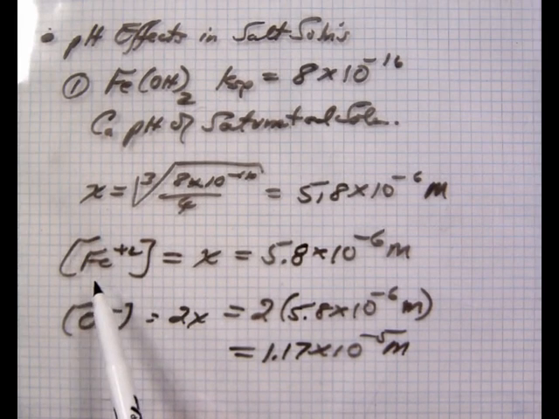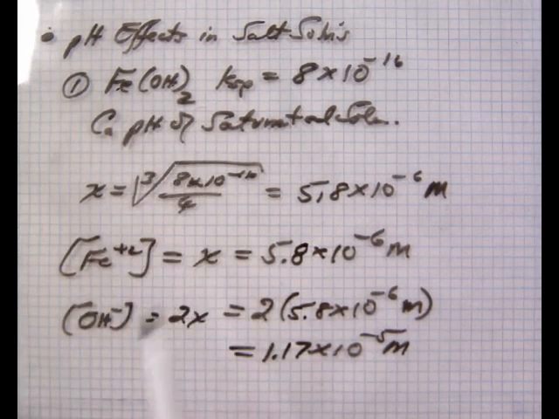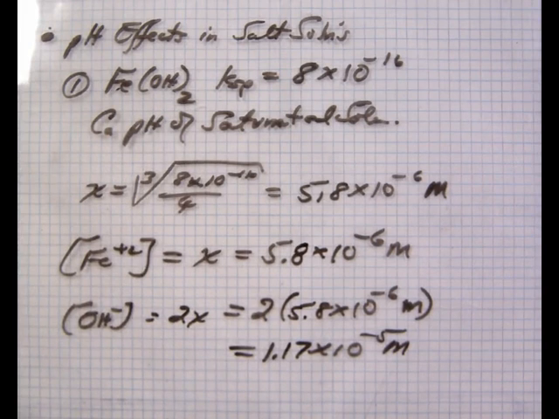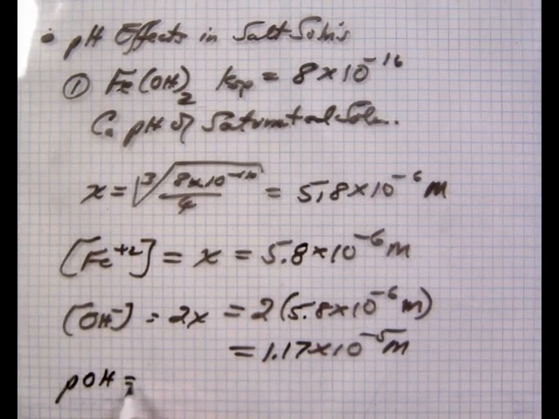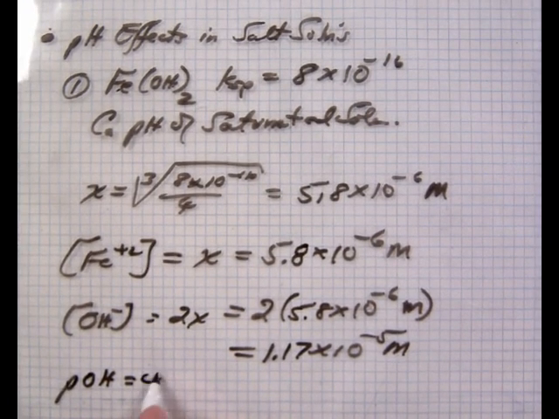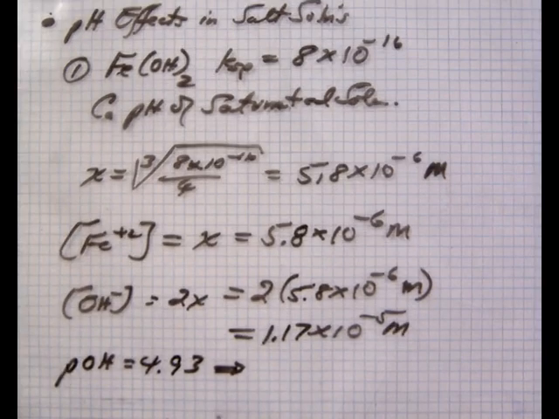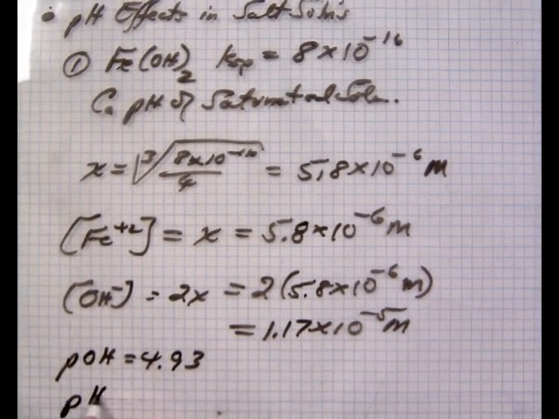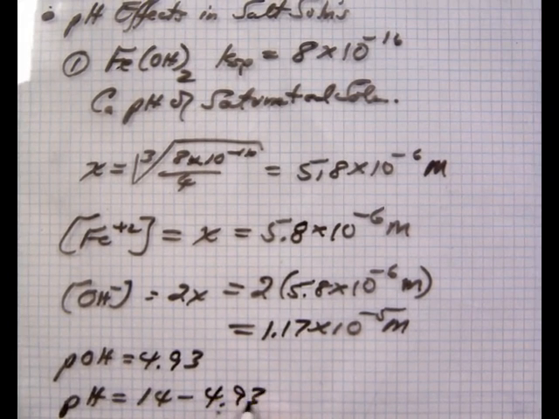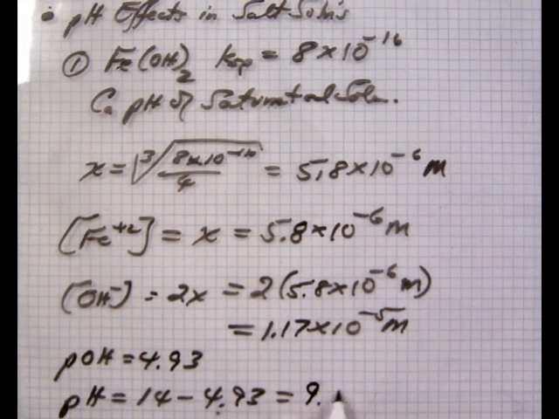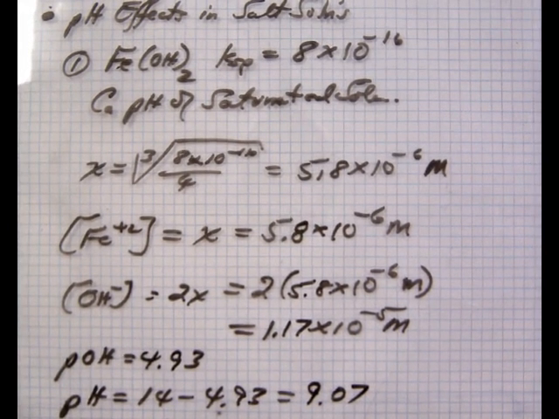Well, that represents also the iron, because this is a 1 to 2 ionization since you have 2 parts hydroxide for every 1 Fe(OH)2 delivering ions, then you have to double that, and so here's your OH, and then you can get your pOH, taking a logarithm, 4.93, and then 14 minus 4.93, and pH is 9.07. So that's one type of problem.